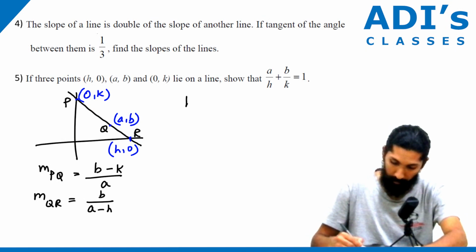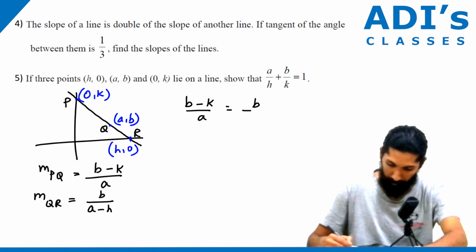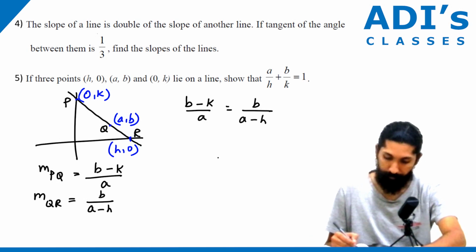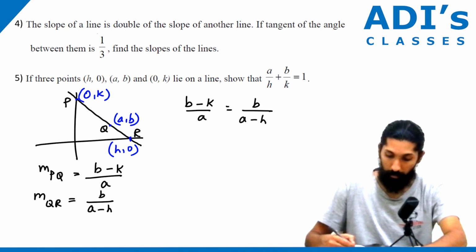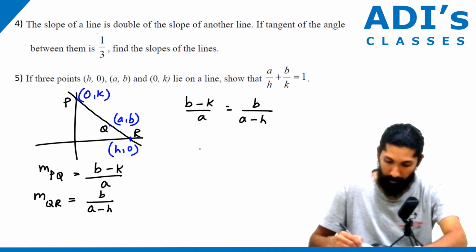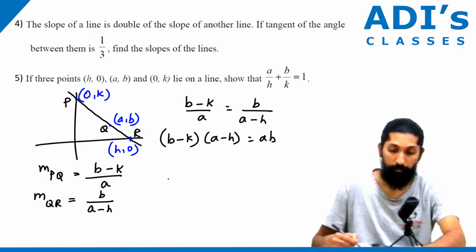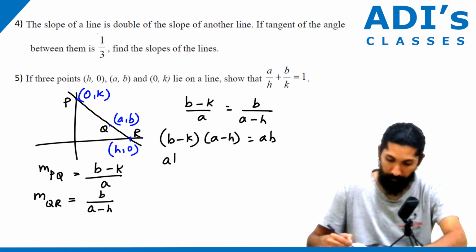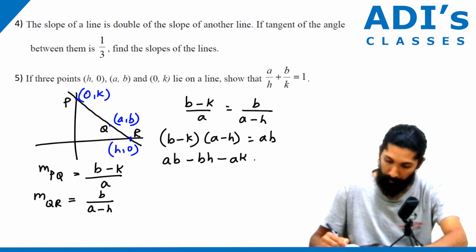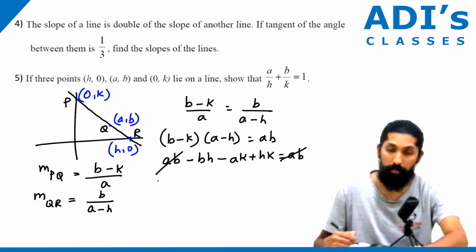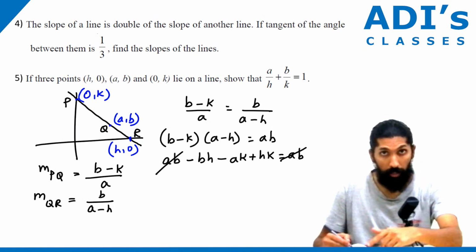That means you have b minus k by a is equal to b divided by a minus h. Now what do we do? Cross multiply. b minus k into a minus h is equal to ab. Multiply: ab minus bh minus ak plus hk is equal to ab. ab cancels. Take the negative terms on the other side.